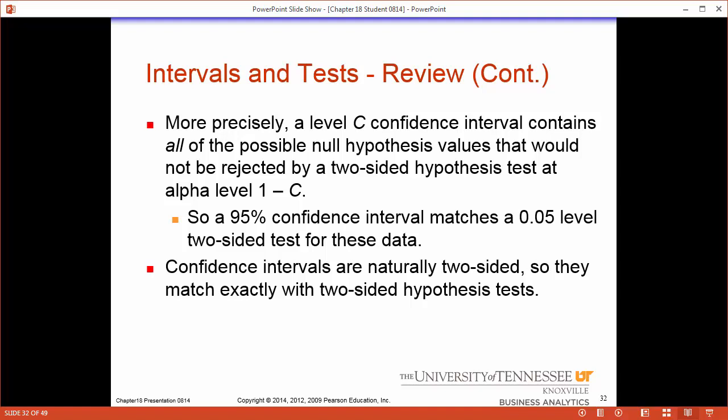It's like a two-sided hypothesis test where your alpha level is 1 minus C, and C stands for the confidence level. So in a lot of instances, if you make a 95% confidence interval, anything outside of that, you can reject at a 0.05 level of alpha. So we've already been doing tests right here.